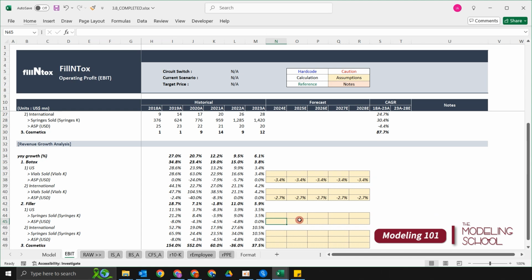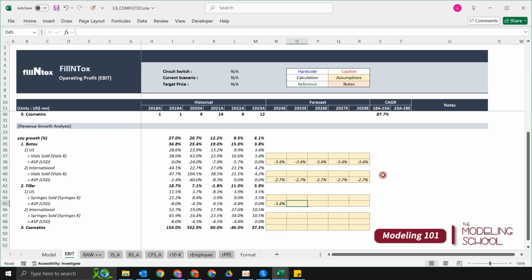So we are going to exclude 2019. It didn't experience any M&As back then, but still we're trying to exclude outliers here. So we've excluded 2019, made an average, minus 3.4% annually. And again, let that trend continue over time. Same for international filler revenues as well, average.